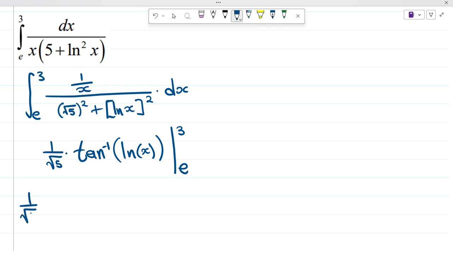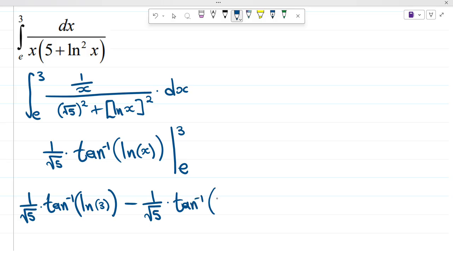Now this is going to be 1 over square root of 5 multiplied by the tan inverse of ln of 3, close the bracket, minus 1 over square root of 5 multiplied by tan inverse of ln of e.